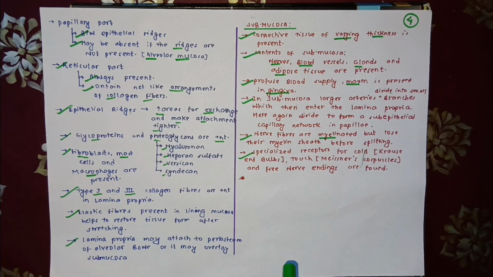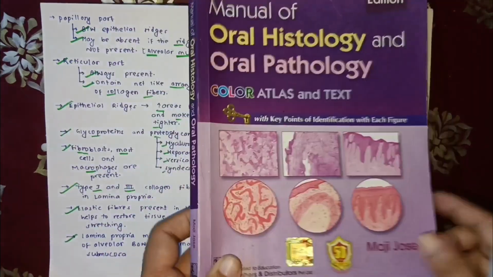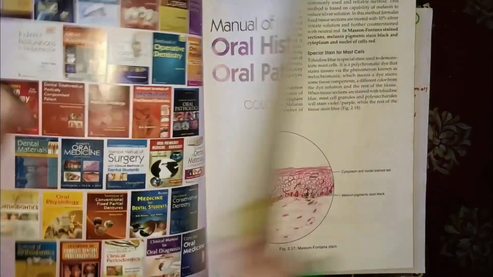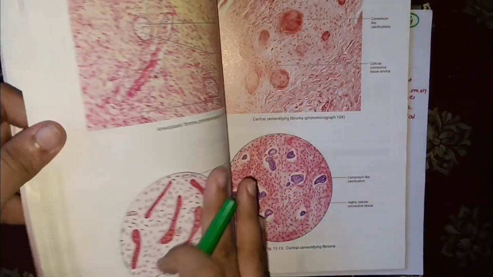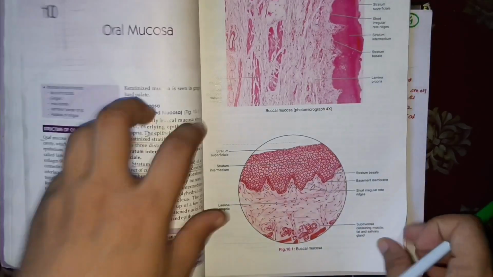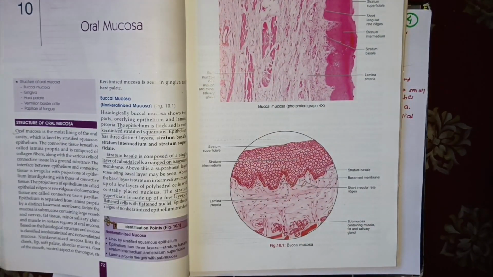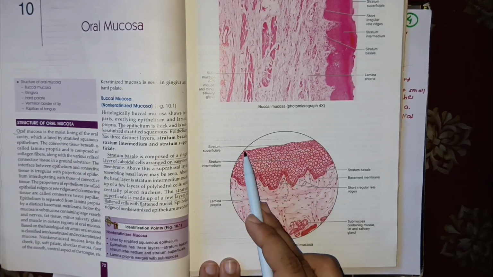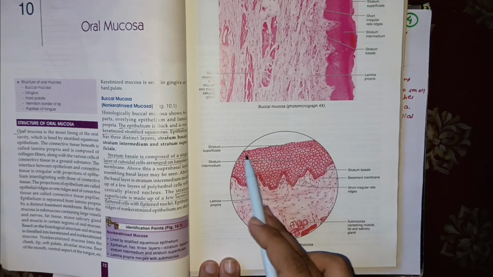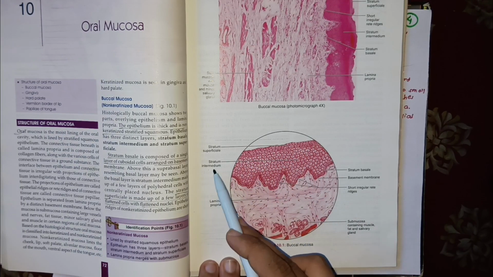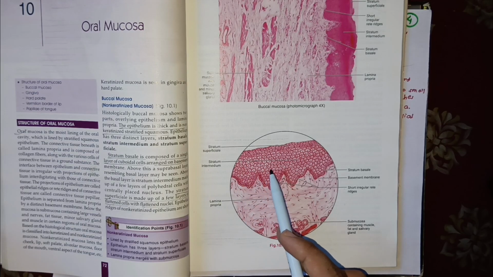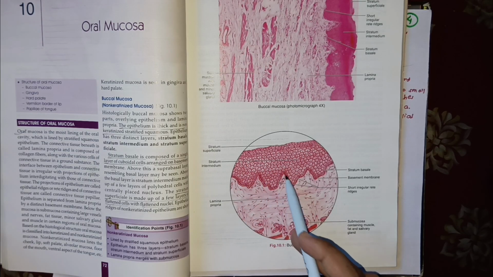I'll show you the picture, then I'll discuss more. Here is the oral mucosa, non-keratinized, this is buccal mucosa. You can see the stratum superficiale, and the cells are alive, so there is no keratin present. Below this is the stratum intermedium, and these are the epithelial ridges.